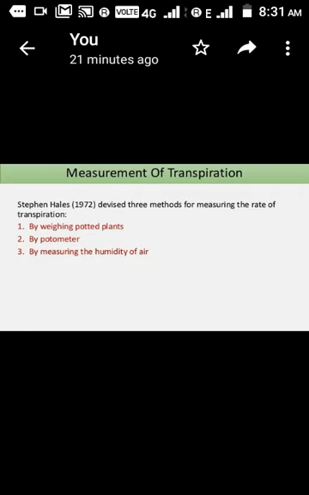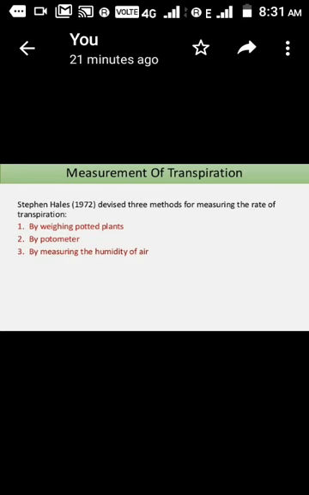So being a plant physiology student, you must remember some of the scientists and what kind of experiments they have done. Okay, these are the 3 different methods. First one is by weighing potted plants, second is the potometer, and third is by measuring the humidity of air.